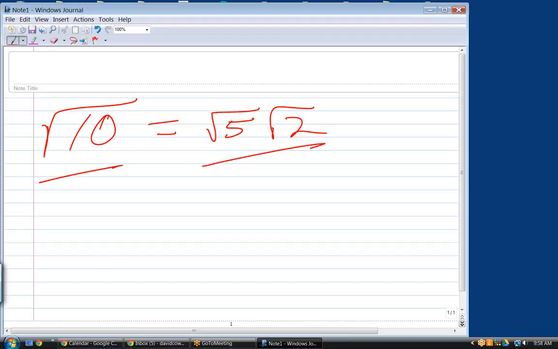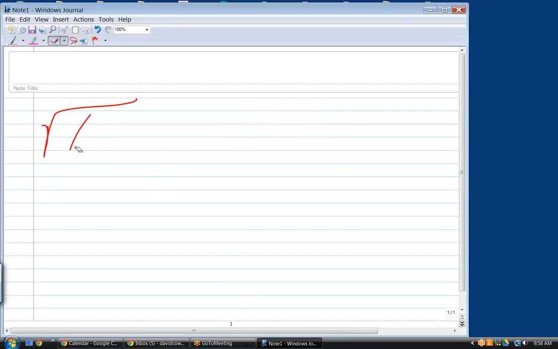There's only one term over there. Well, one term is simplified more than two terms. Okay? So we don't ever do this. You leave it as square root of 10. You only simplify something if you can pull a perfect square out of it. Well, I can't do it with 10.